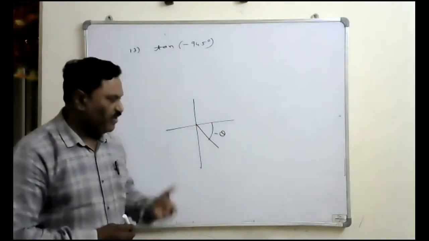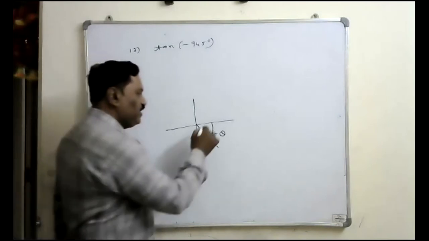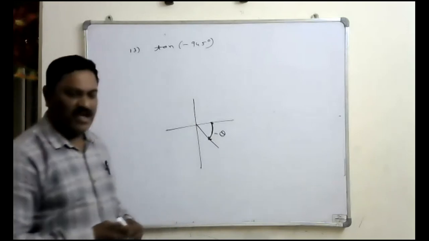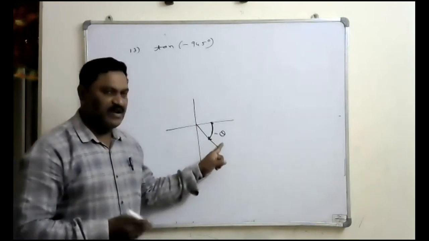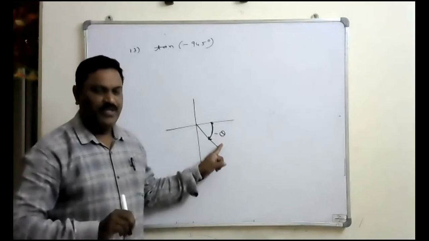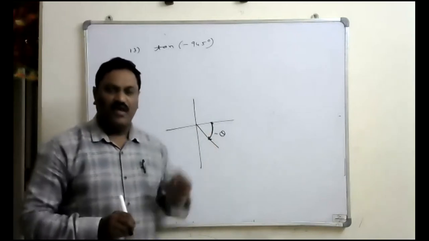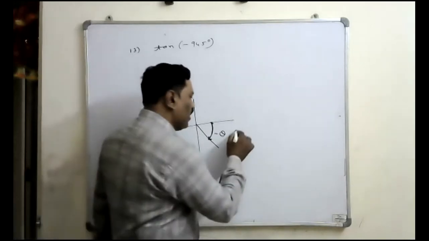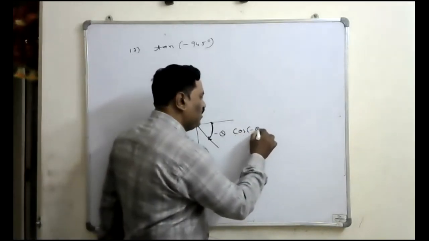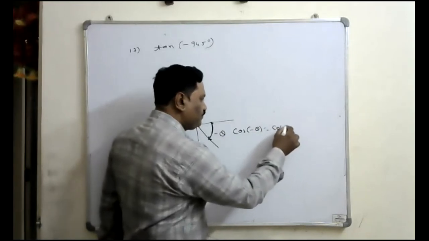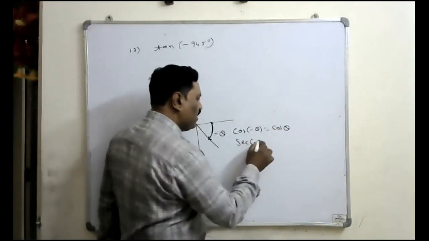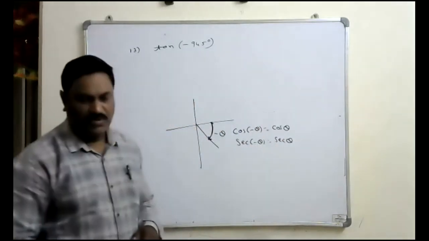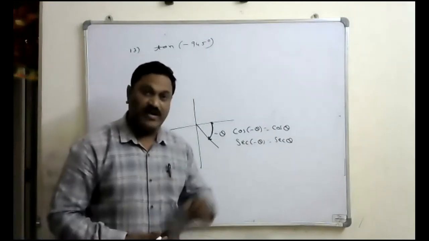Whenever the angle has a negative sign, that means we have to measure the angle in the clockwise sense. So minus theta lies in the fourth quadrant. If it lies in the fourth quadrant, cos and secant are positive. That's why cos of minus theta is cos theta, and secant of minus theta is secant theta, because these two only are positive. But the remaining trigonometric ratios are negative.